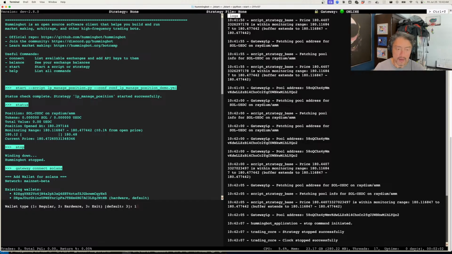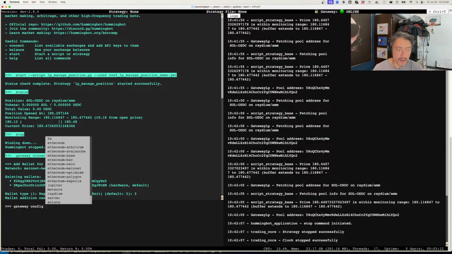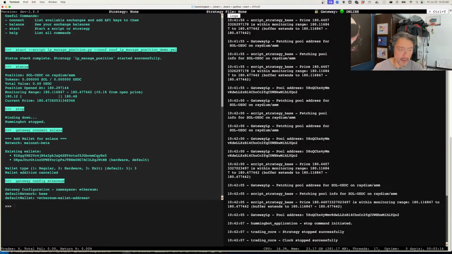If I want to make this regular wallet the default wallet to use in a script, I can do that, but I have to use the config command. So I need to use gateway config Ethereum, and then change the default wallet. Oops, actually not Ethereum, that's wrong. I want to config Solana.